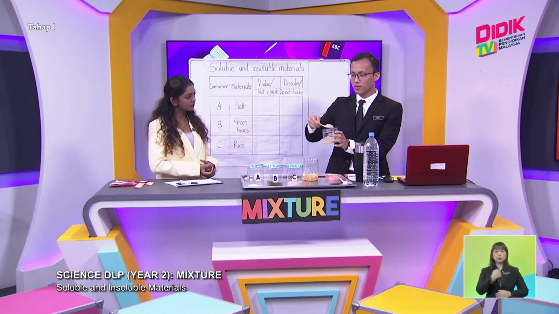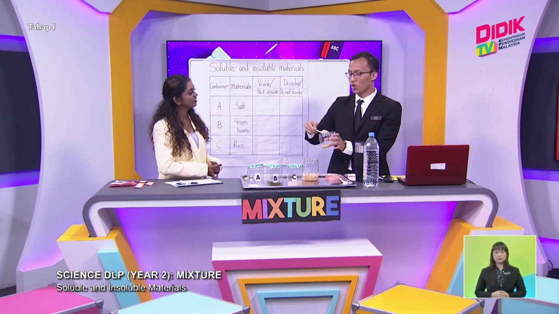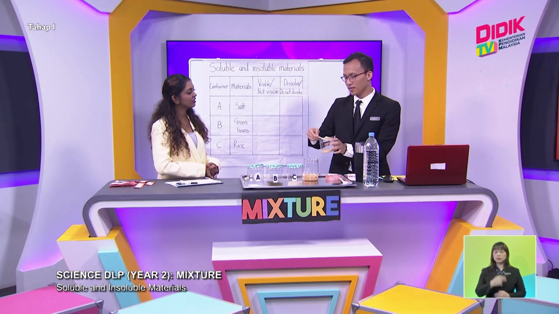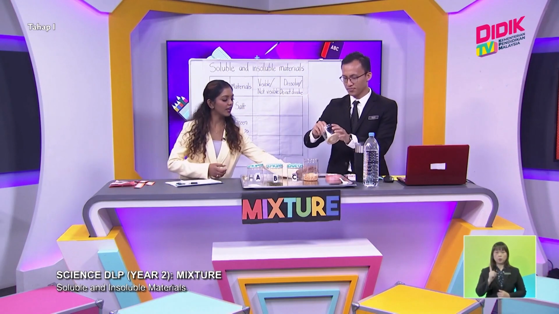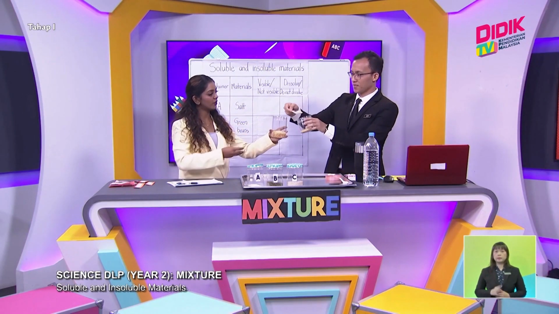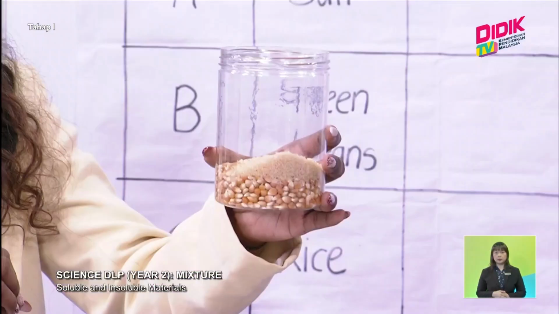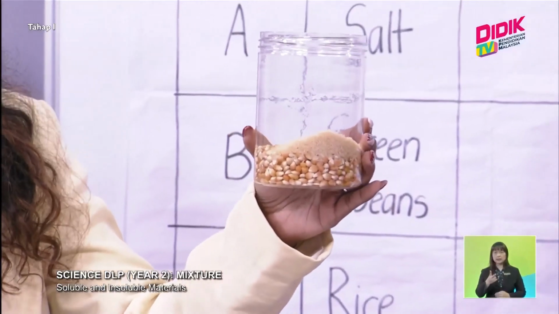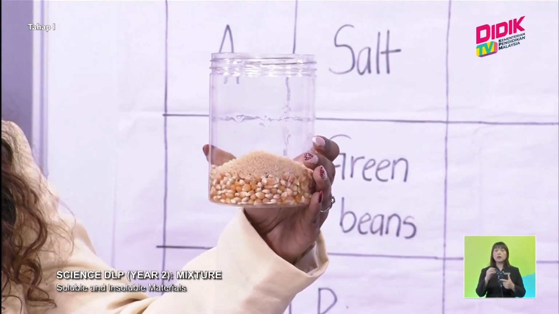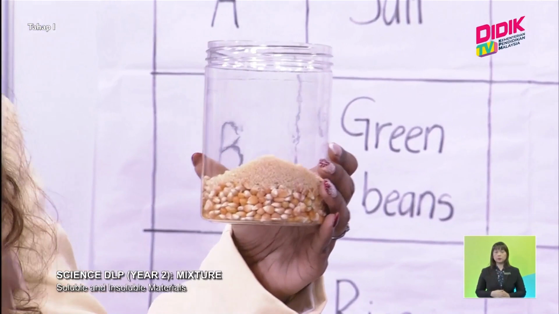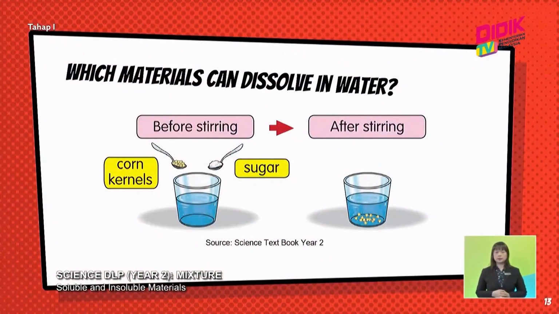We'll see whether the sugar or the corn kernel remains after adding water. We'll see whether it dissolves or not. People at home, you can see whether the sugar dissolves together with the water. Now I'm going to place water inside this container.